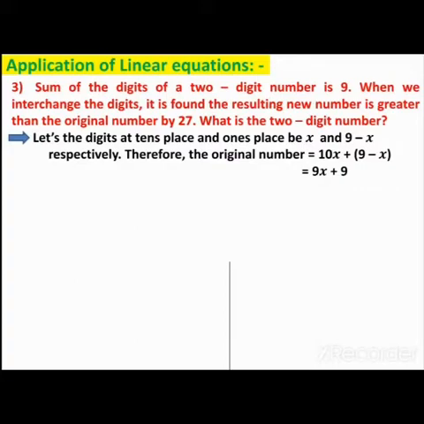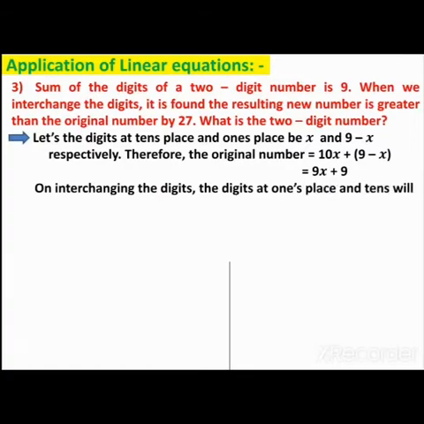Now we have to open the bracket, 10x + 9 - x. So 10x - x means 9x. 9x + 9. On interchanging the digits, the ones place and tens place will be x and 9 - x. First we took tens as x and ones as 9 - x. Now we can interchange here.